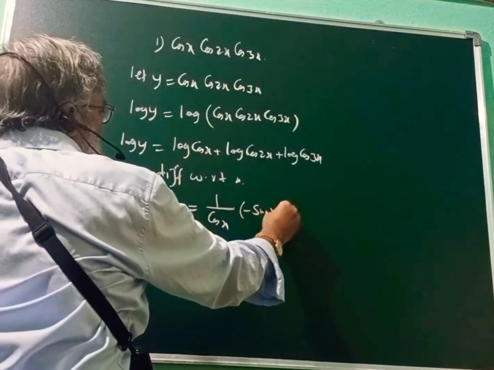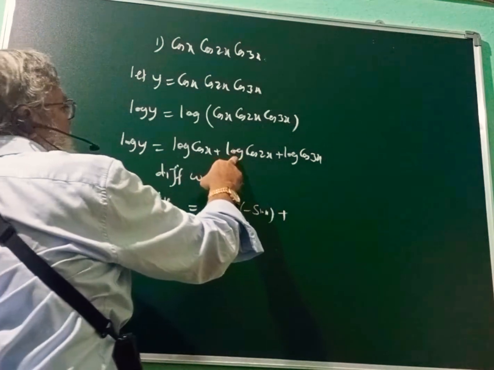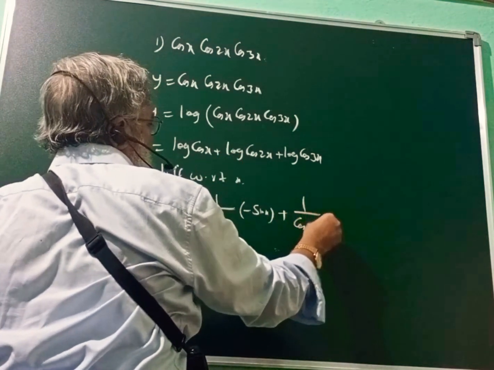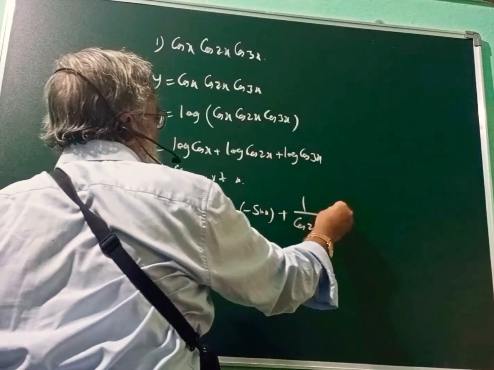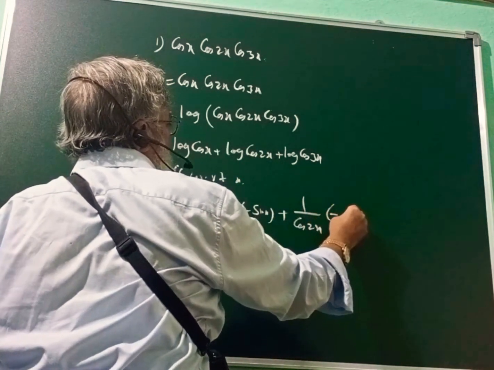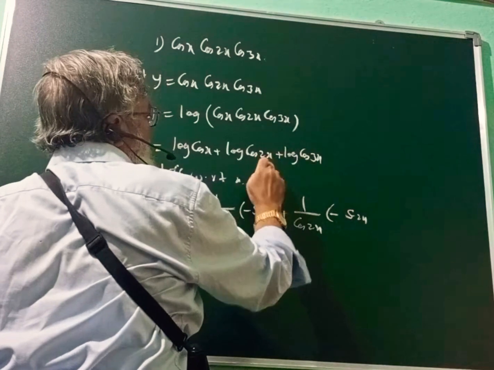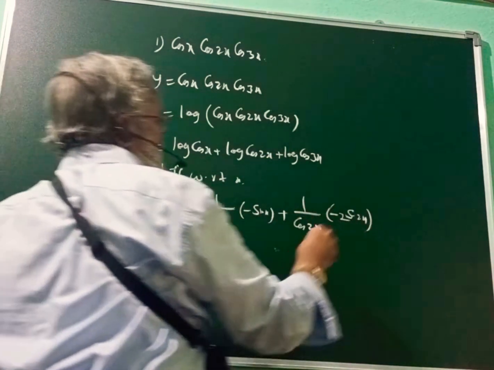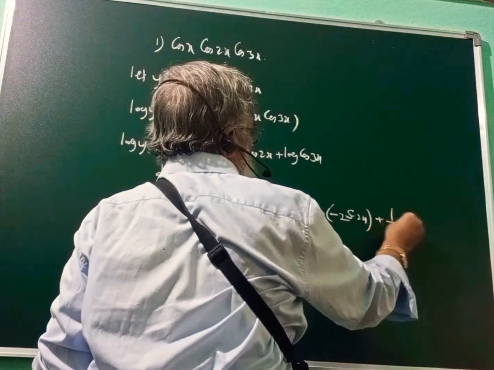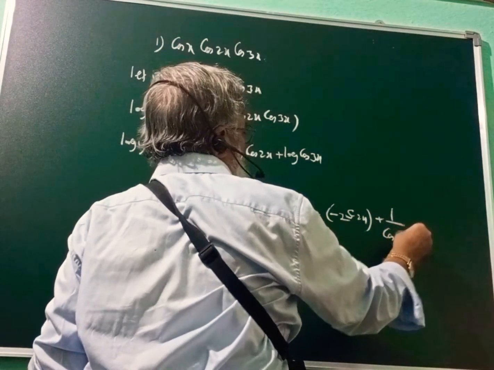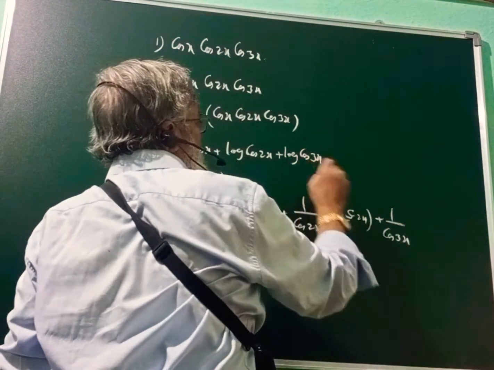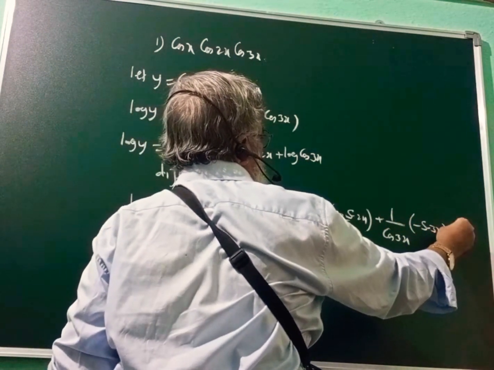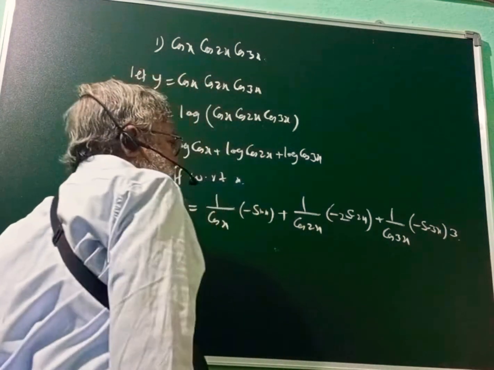Plus again differentiation of log is 1 by cos 2x, differentiation of cos 2x is minus sin 2x, and differentiation of 2x is 2 here. And here differentiation of this log is again 1 by cos 3x, differentiation of cos 3x is minus sin 3x, and differentiation of 3x is 3.